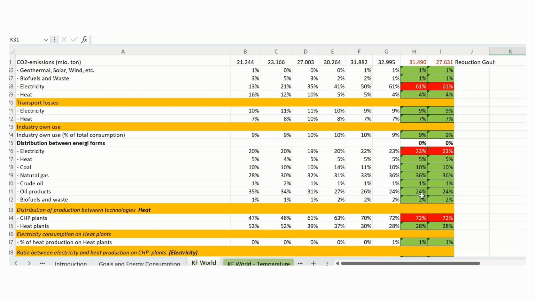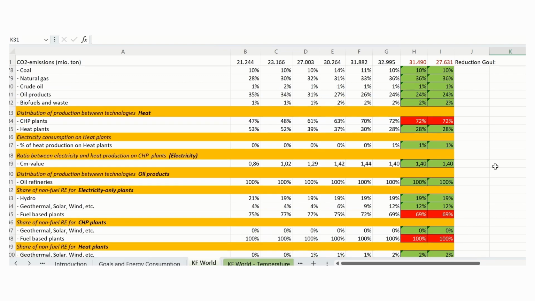After we have done that, you define distribution between the different energy forms here in the energy sector. Now you have to define how much heat should be produced on CHP plants, combined heat and power plants, and how much heat should be produced on heat-only plants. When you've done that here, you fill in how much of the heat production should be based on electricity.